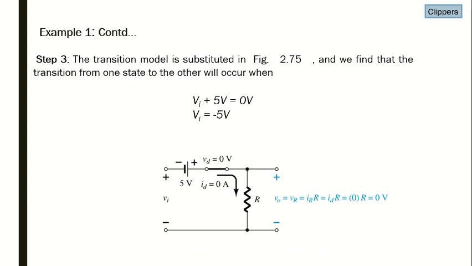So in the step 3, the transition model is substituted in the figure 2.75. This is actually 2.75, and we find out that the transition from one state to the other will occur when Vi plus 5 is equal to V naught.